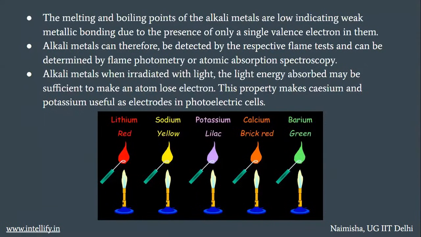When alkali metals are irradiated with light, the light energy absorbed may be sufficient to make an atom emit an electron. This property makes cesium and potassium useful as electrodes in photoelectric cells.